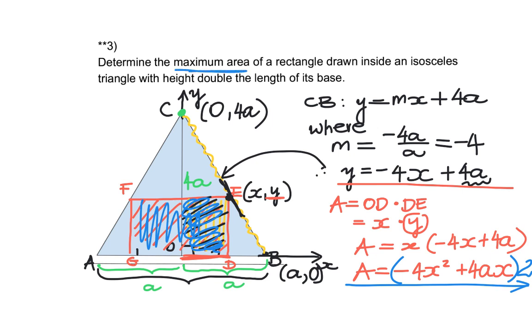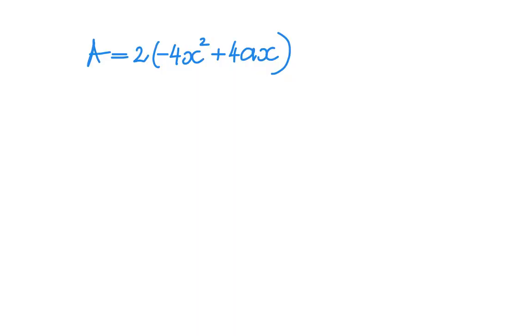How to maximize that area? Well, in order to maximize the area, we need to find the derivative. So let's carry on with our calculations. Okay, so if the area was twice minus 4x squared plus 4ax, then A will be minus 8x squared plus 8ax. Will it be possible for us to determine a minimum or maximum?